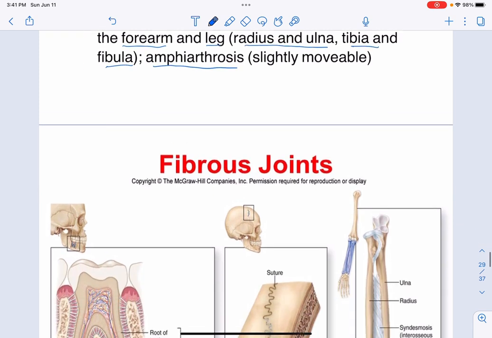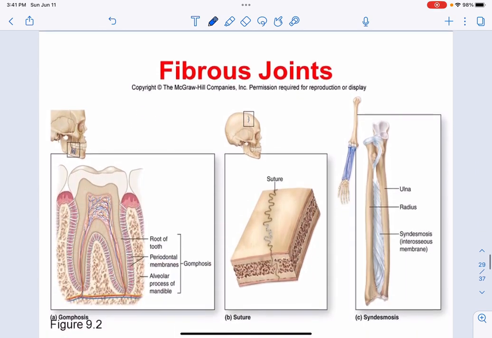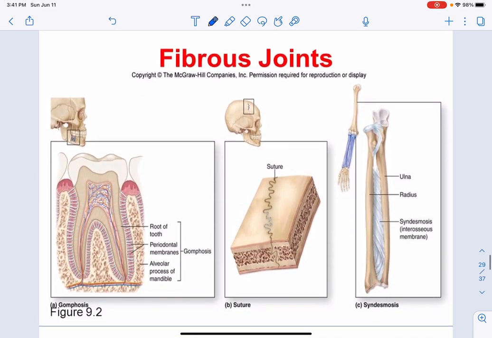So let's take a look at what this looks like on a picture, because I think it'll make more sense when you see it. We talked about 3 types of fibrous joints. The first one was gomphosis. This was between the tooth and the mandible and the maxilla. You can see that the joint here is what's holding the tooth in place so that it is nice and stable.